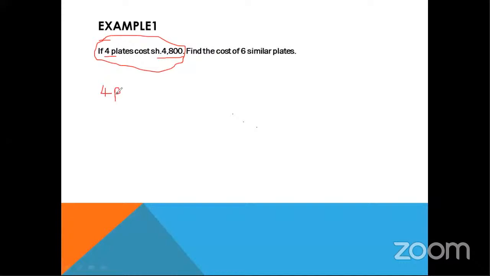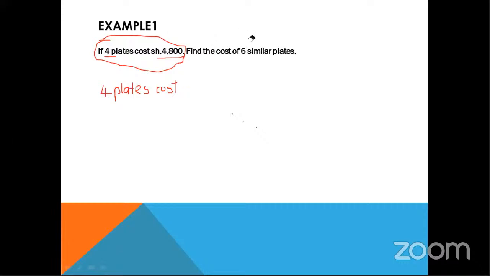You can use this method which I'm doing, and also you can use another method which I will show you. 4 plates cost, if you want to use the words, we can use this. 4 plates cost 4,800. Let me wrap that.